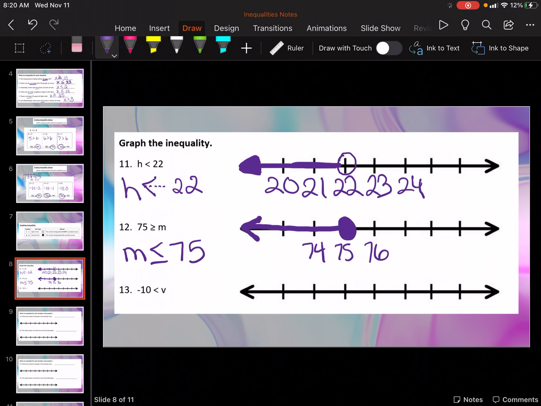So on this one, we're going to do V is greater than -10. So remember on your number line, we're going to have -9, -10, -11. It's going to be an open circle.